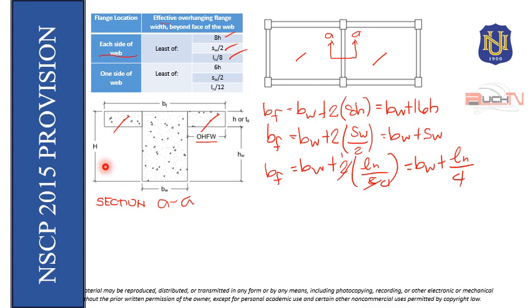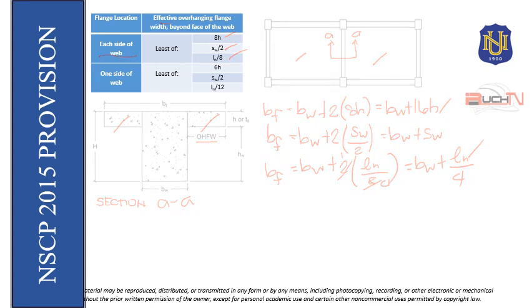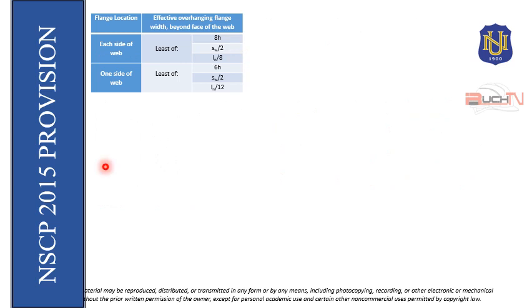Ang next nating i-interpret, what is H, what is S sub W, and what is L sub N. Dun sa H, siya yung sinasabi natin na thickness of the slab or siya si T sub S. So, that is thickness of slab.